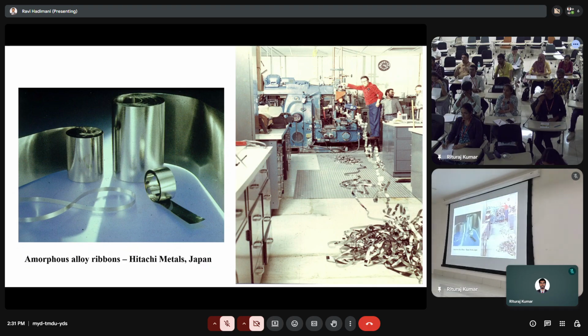Depending on the cooling time, sometimes you get nanocrystalline structures. If you allow a little bit more time to cool, the grains form very small crystallites, and those are called nanocrystalline materials. If you don't allow any time, it becomes completely amorphous.